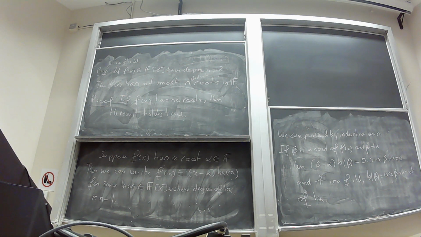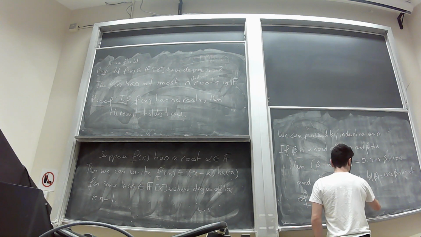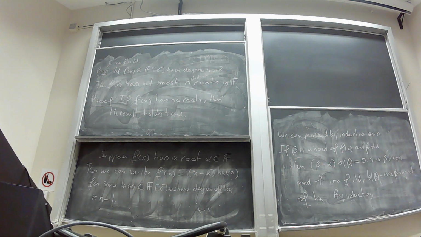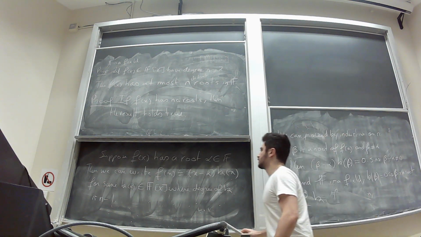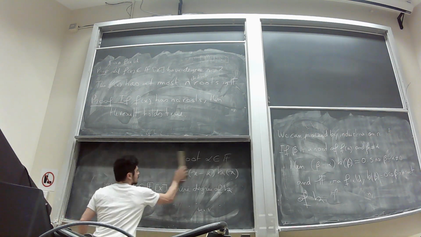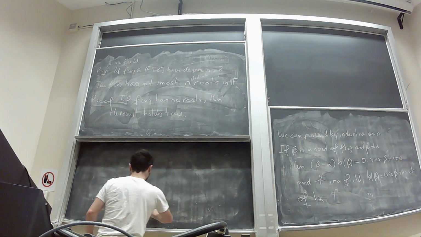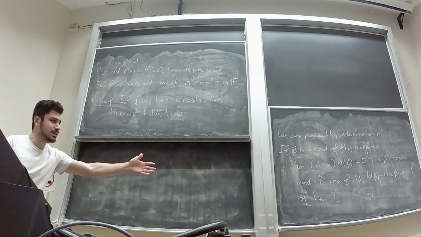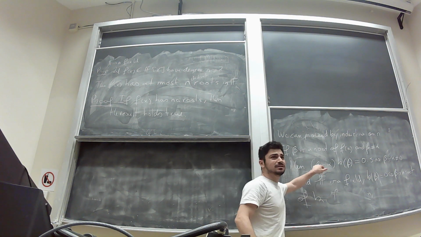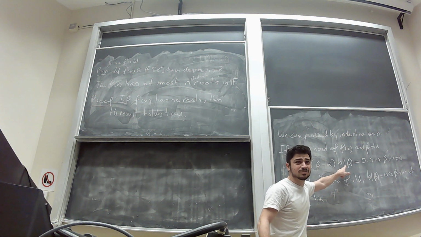Exactly. Let's write it more properly. It's clear. If any root is different than alpha, then it's a root of k. By induction, k has at most n minus 1 distinct roots.